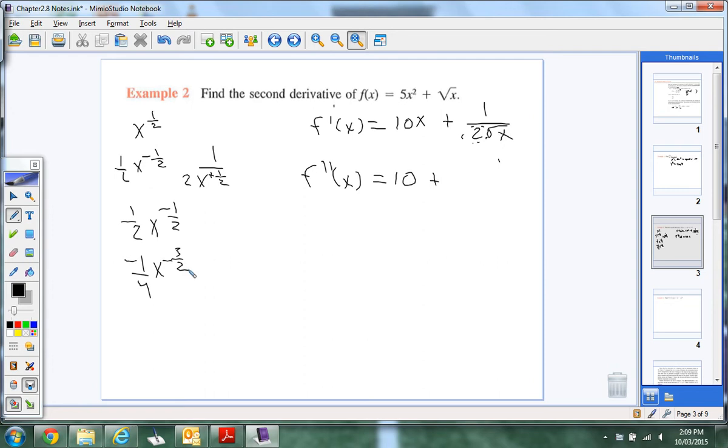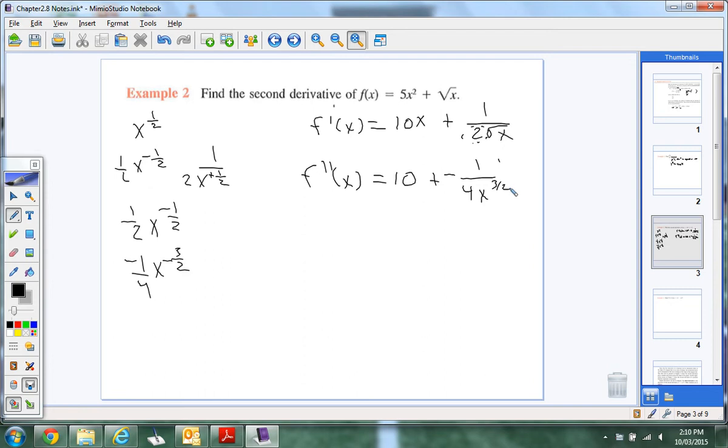Simply, it's negative 1/4 x to the 3 halves. You can leave it like that, and that's fine. So that's your second derivative. And it isn't the negative 3 halves because you dropped it down. It's to the positive 3 halves, because it was negative. I moved it down to make it positive, yes.